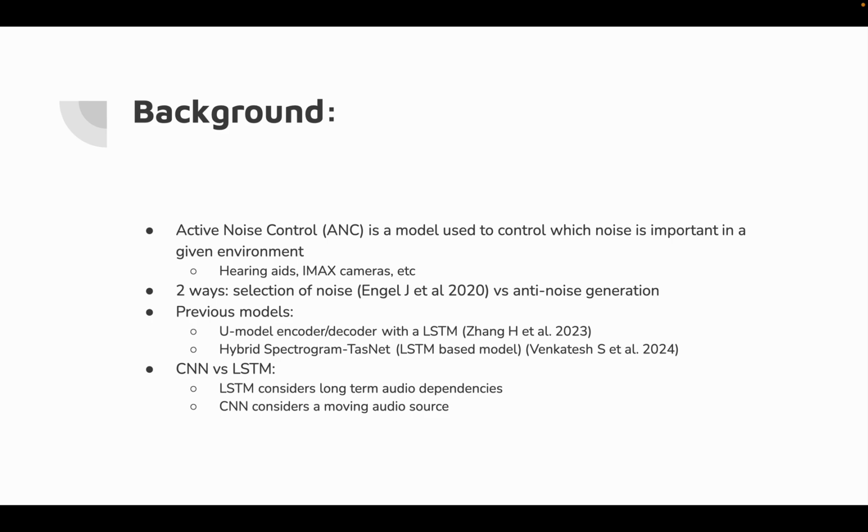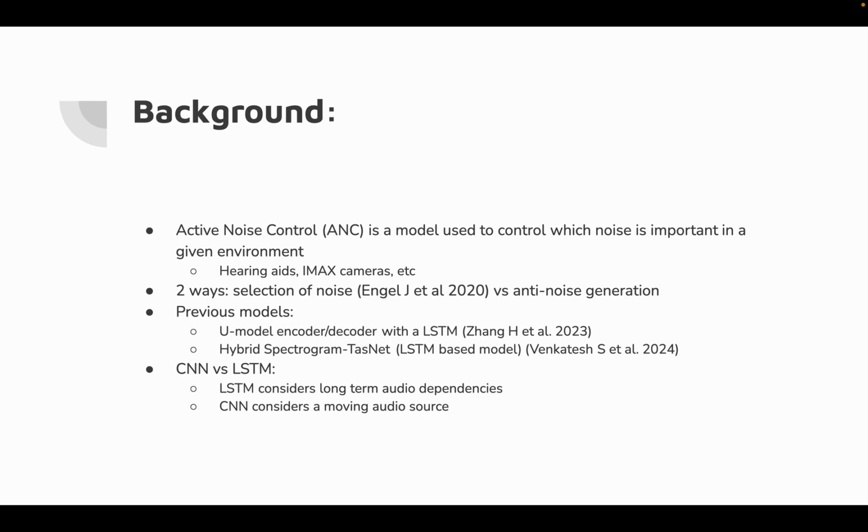Such models are used in the development of hearing aids, in which we want to mitigate background noise and amplify speech. Additionally, in the film industry, these models are used to combat the negative effects of using an IMAX camera. Since IMAX cameras are really noisy, it's hard to record what the actors are saying.